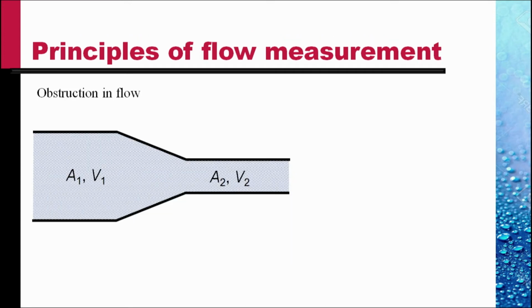One of the basic principles of flow measurement is to create an obstruction in the flow. As we create an obstruction in the flow, the velocity changes and the pressure changes accordingly.